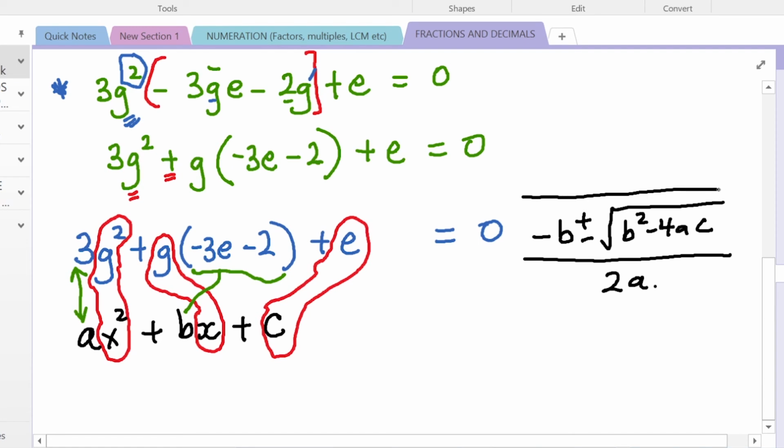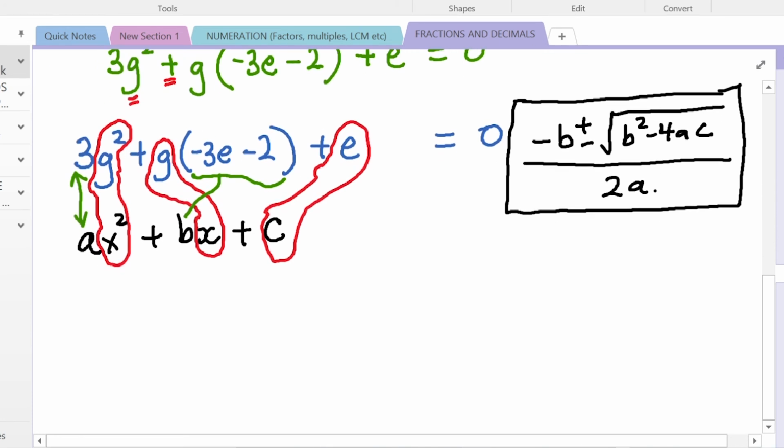This expression is derived from completing the square. That's how it is derived. I am not going to go into those details. Those were taught in your class. This is giving us the value of x when we are trying to solve the quadratic equation.